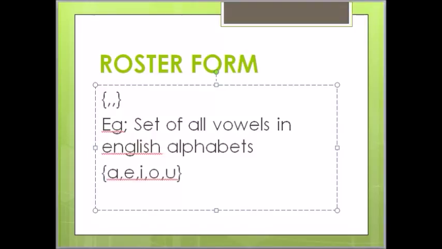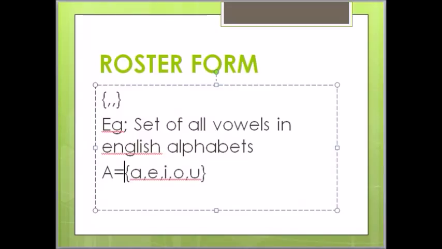And one more thing, we represent a set using a capital letter. It's just a convention, there's nothing like logic behind it, but just the way we present it. So this is the roster form representation of a set.